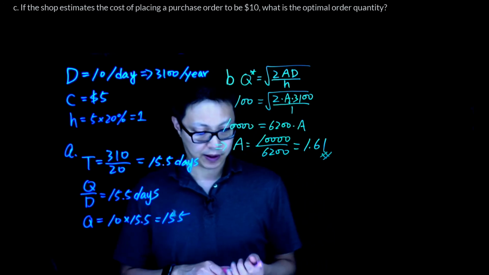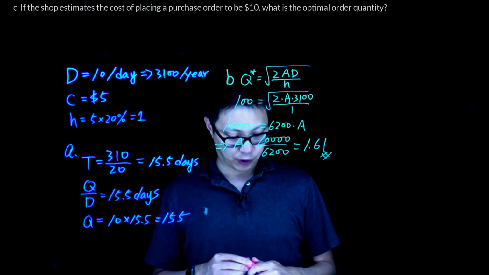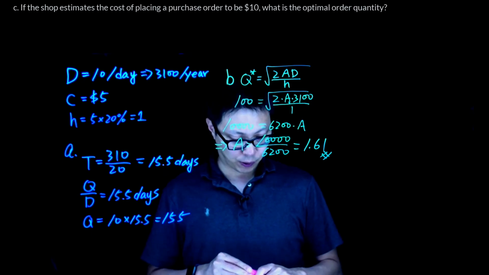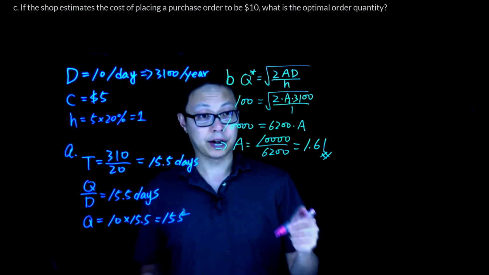Let's try to work on problem C. In problem C, it said that if the shop estimates the cost of placing a purchase order to be $10, what's the optimal order quantity? This one is pretty standard.